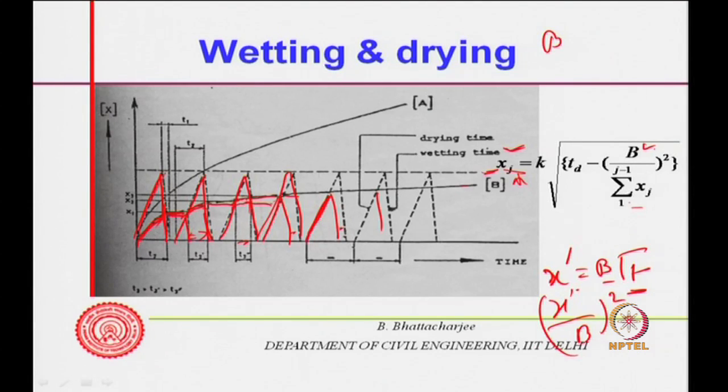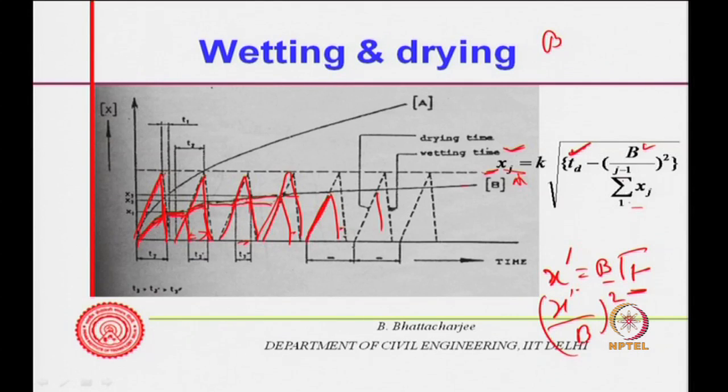So, the square of this gives me the time. The total time required up to which drying must happen, this time must be subtracted from the total drying time. Total drying time minus this time.